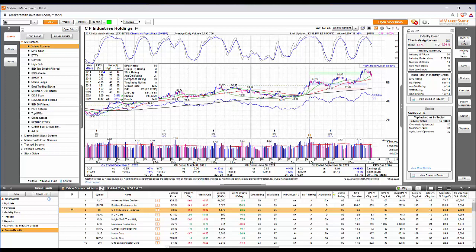When I see 2 triangles and when I see both of these numbers blue, which means that estimates are going up relative to the previous year, it just doesn't get any better than that. Okay, so I'm interested in CF. Let's see where the high of today is, 69.78. So I'm going to write in a price of 69.80 for CF. And if it trades at that price, I'll be interested in buying it.